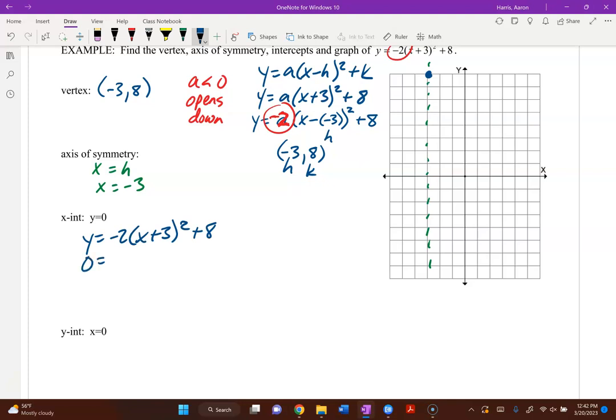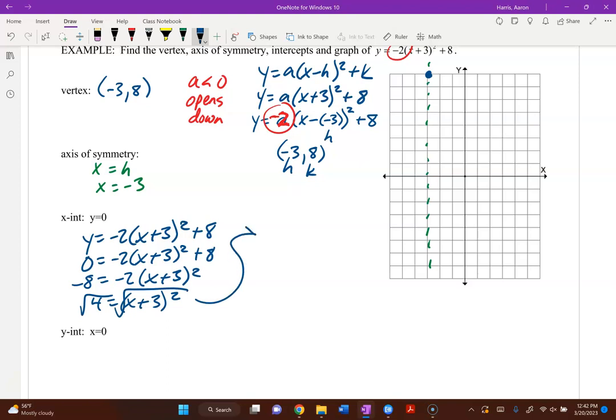So let's let y be 0. Subtract 8 from both sides. Divide by -2. I have a perfect square, so I'm going to square root that. Plus or minus, since I square rooted both sides, and then I finally subtract 3.